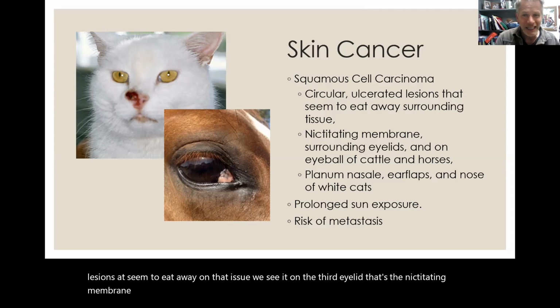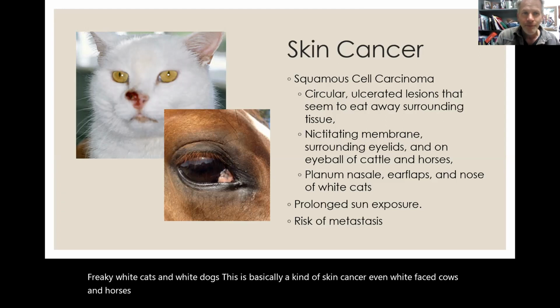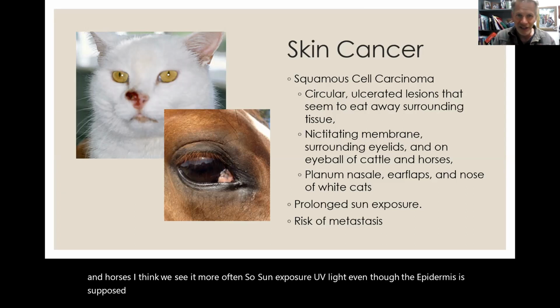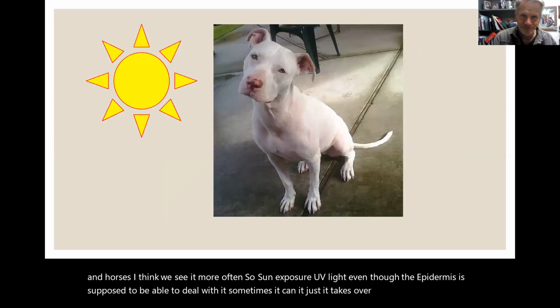That's very key. White cats and white dogs. This is basically a kind of skin cancer. Even white-faced cows and horses, I think we see it more often. So sun exposure, UV light, even though the epidermis is supposed to be able to deal with it, sometimes it can't. It takes over the whole epidermis.